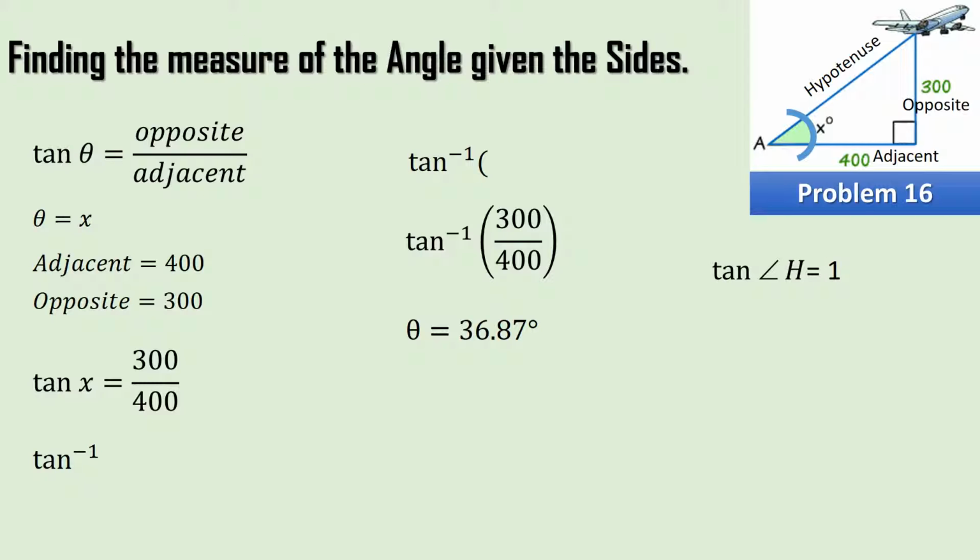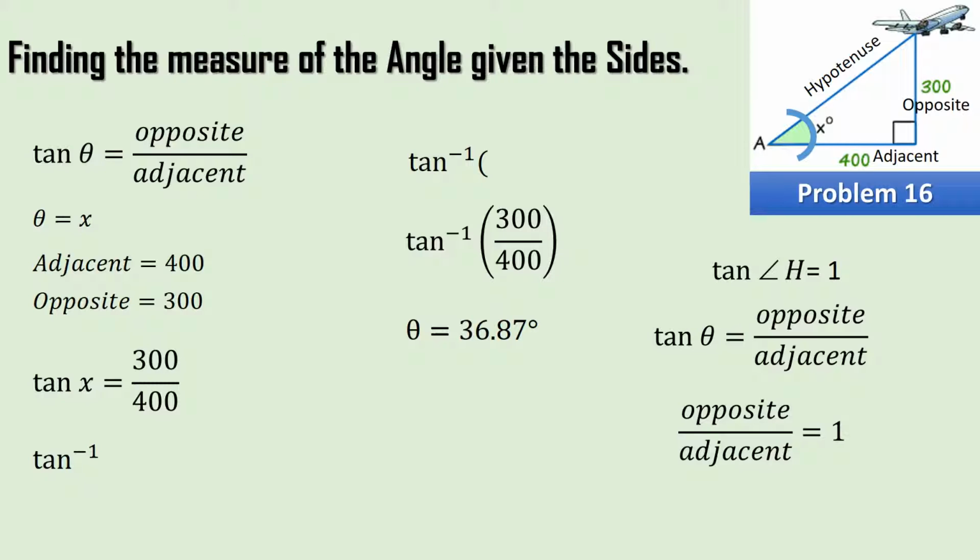Okay? Now, to go to the question that really is problem 16, I want you to think about something. If I know the tan of some angle H is 1, what does that tell me about my triangle? Well, first of all, tan is the opposite over the adjacent, right? So what it is saying is that the opposite and the adjacent are equal, 1.